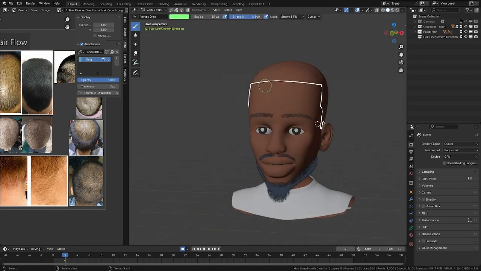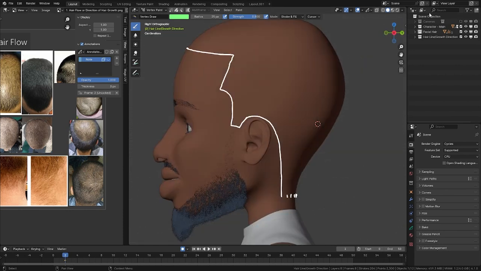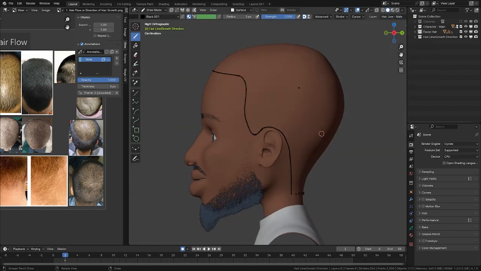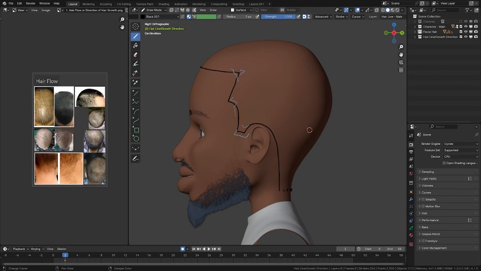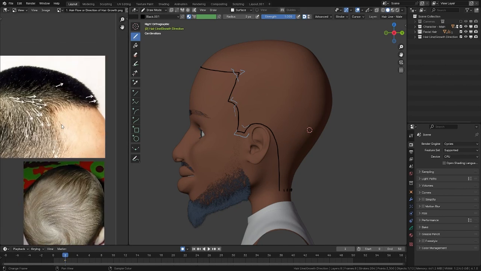The male hairline is very sharp on corners, while the female hairline, you see how smooth it is on corners. Female hairlines have smooth corners, while male hairlines have sharp corners, like this. So this is about the hairline for female and male characters, and you can see the reference here.